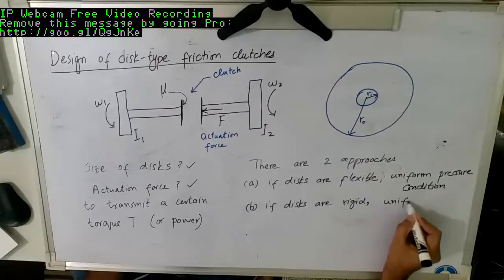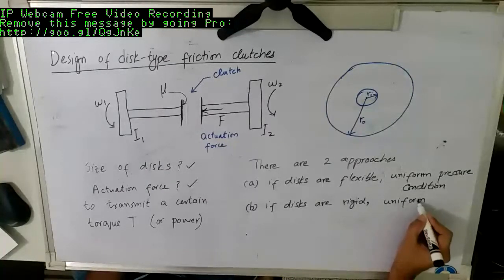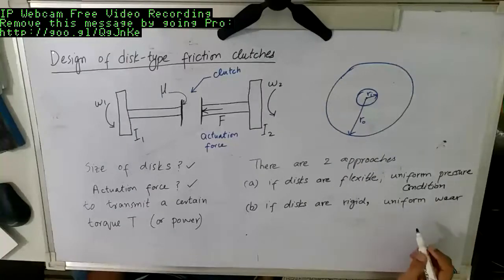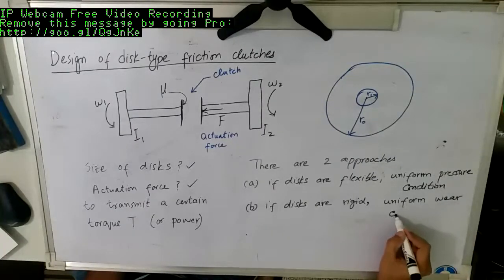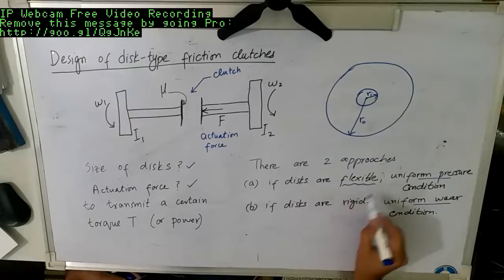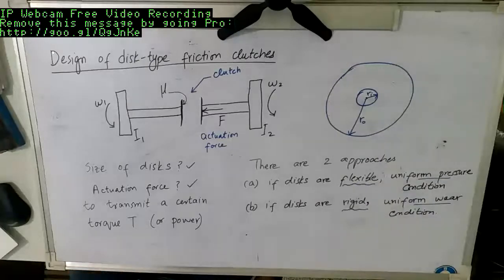However, there is another quantity which can be considered uniform in this case, which is called the uniform wear condition. So we have uniform pressure and uniform wear conditions, depending upon what we assume about the nature of the discs.